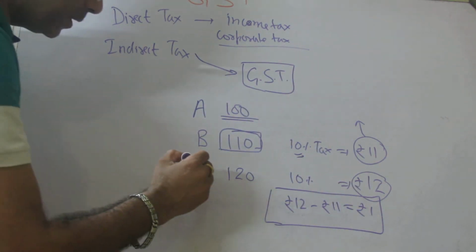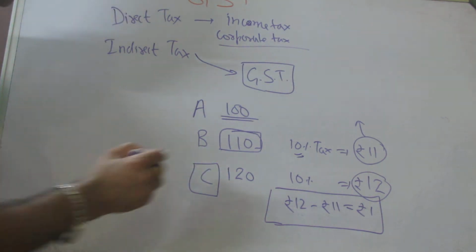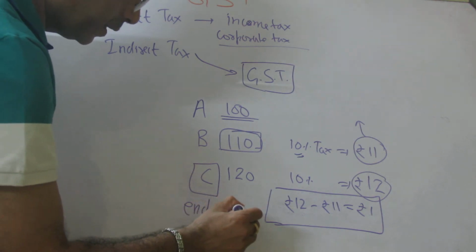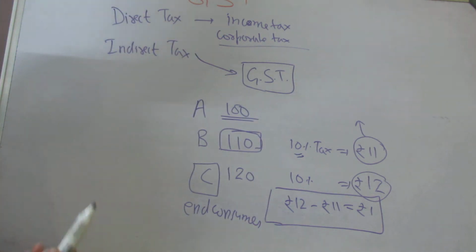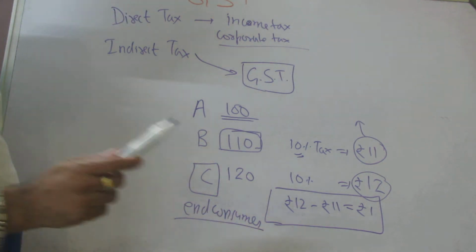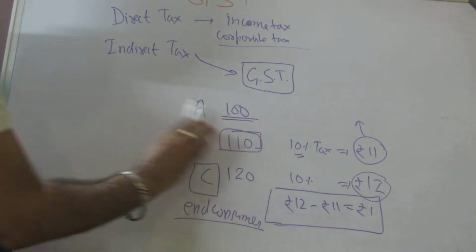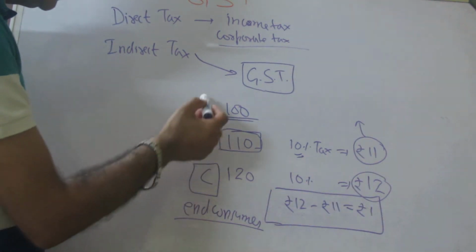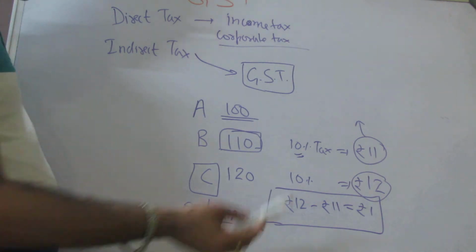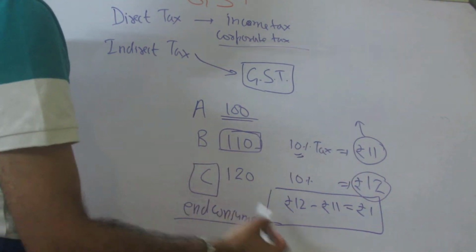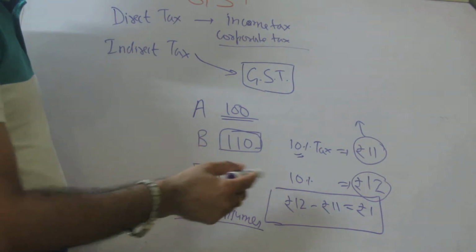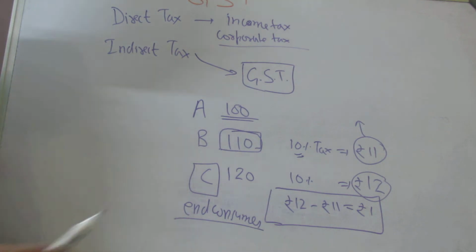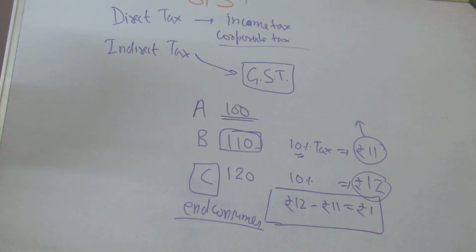And please understand, this C in this case is the end consumer, someone who will consume the good or service, and the end consumer cannot claim anything out of GST. Only those who are selling will be liable to get GST credit if they have already paid to the government. So this is about the GST chain.